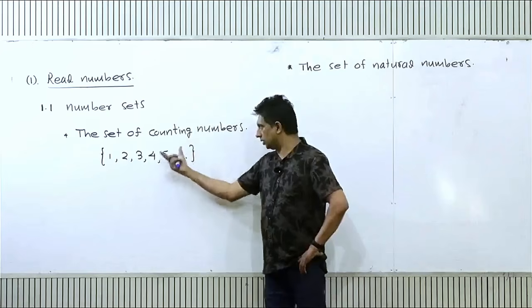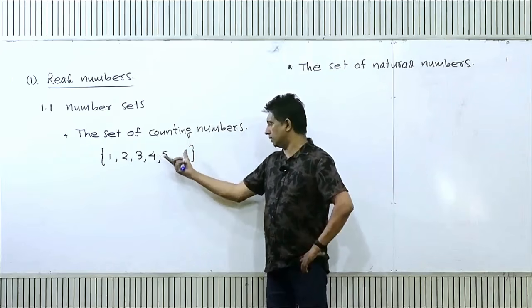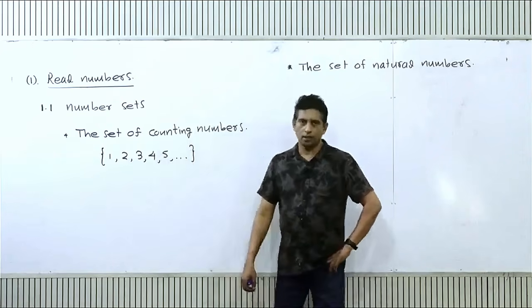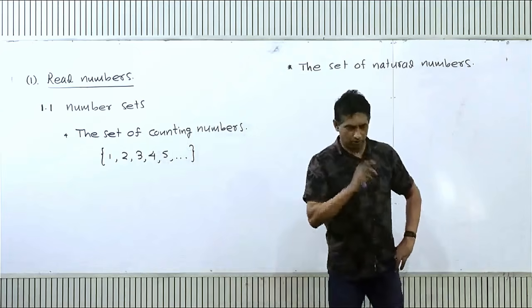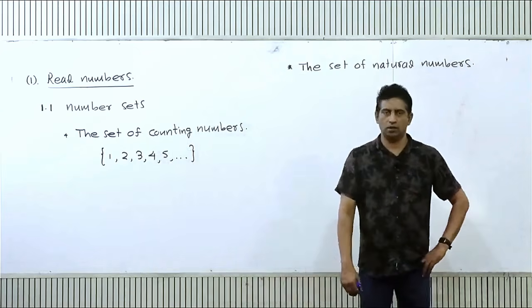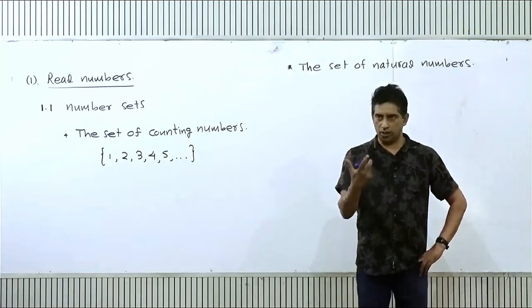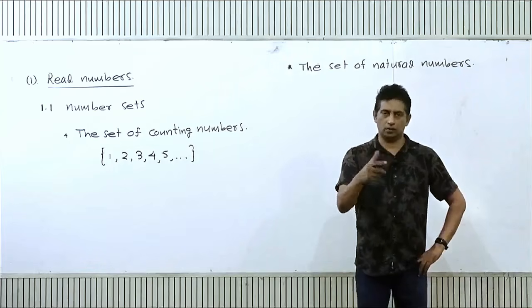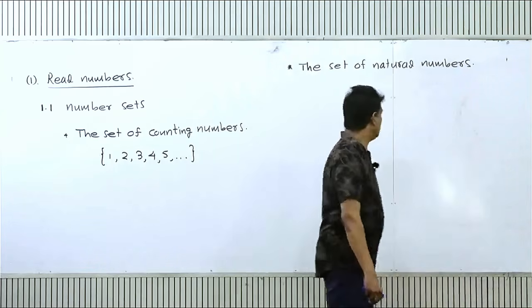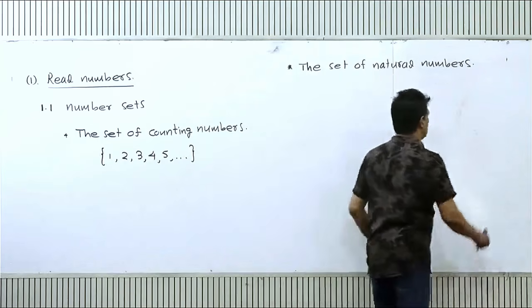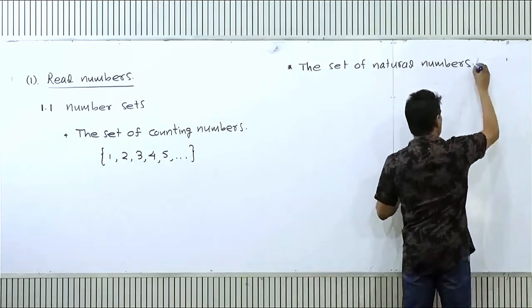We have to put 0 in the counting numbers. If we add 0 to this counting number set, then there is a new number set, no? That number set is now named the natural number set. This natural number set has a symbol also.